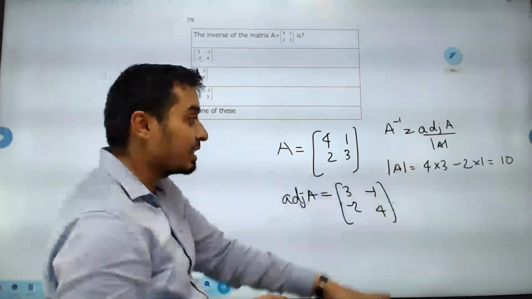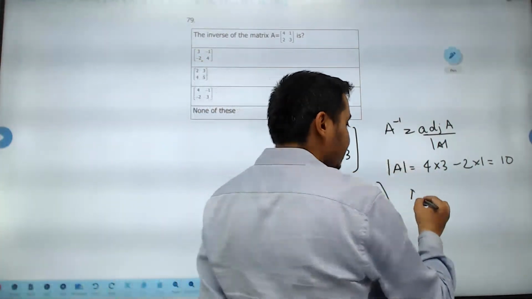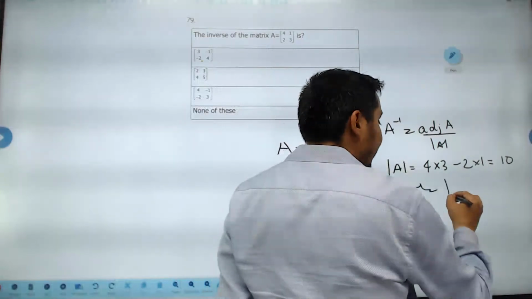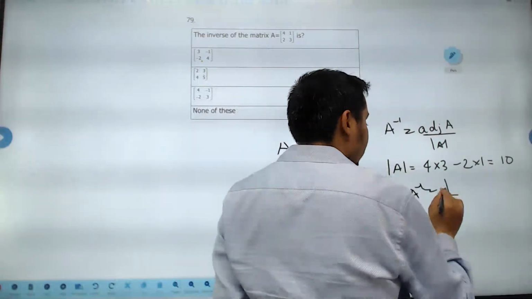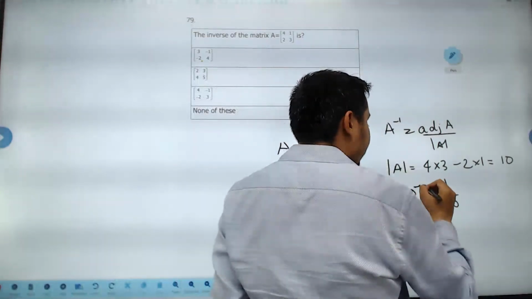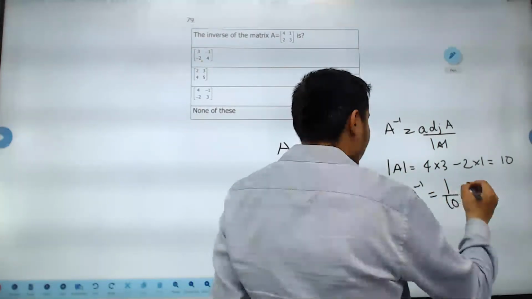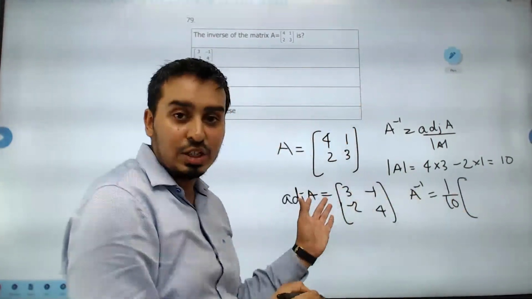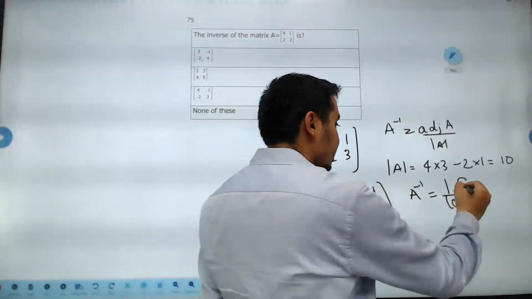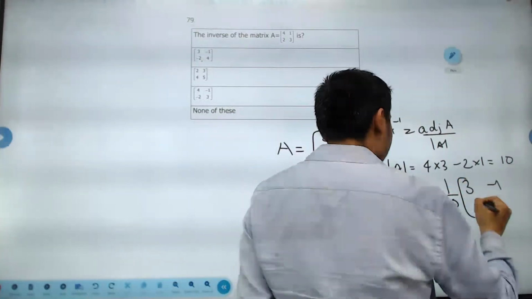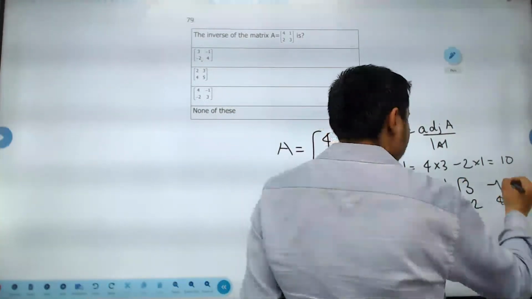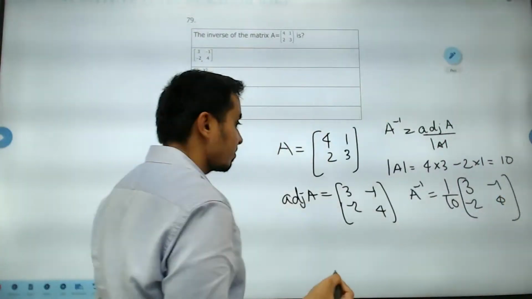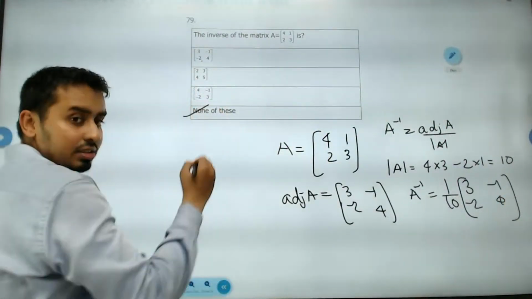You have to divide it by determinant of A. A inverse will be 1 by 10 into adjoint of A, and adjoint of A is [3, -1; -2, 4]. You can see there's no option matching, right? So none of these.